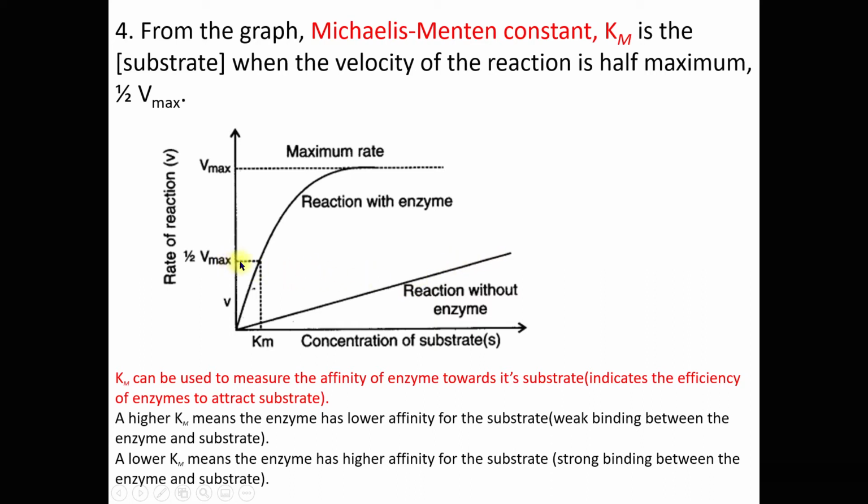To get its half Vmax, if I plot the graph to here, the concentration of the substrate needs to be increased to get a similar half Vmax with this enzyme. Can you see that? So class, always remember, a low Km value means the enzyme has higher affinity for the substrates.